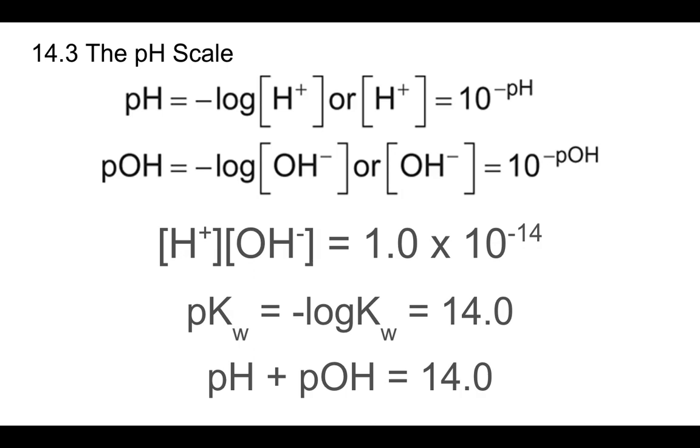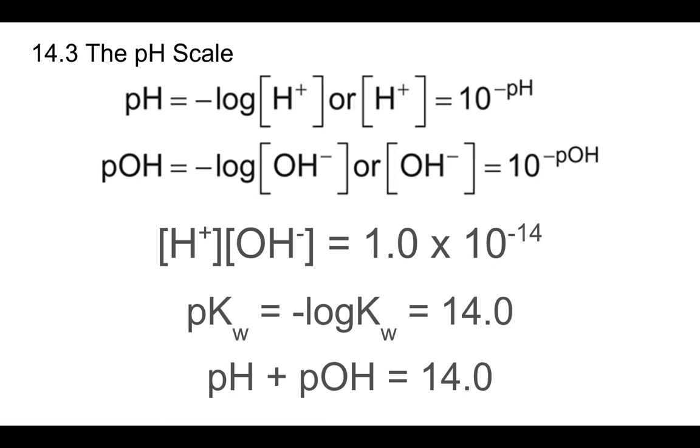Now, since, remember, Kw is H plus times OH minus, which equals 1 times 10 to the minus 14, then we could say pKw, putting a p in front of it just means taking its negative log, pH, negative log H plus, pOH, negative log OH minus, pKw, negative log of Kw, pKw equals 14.